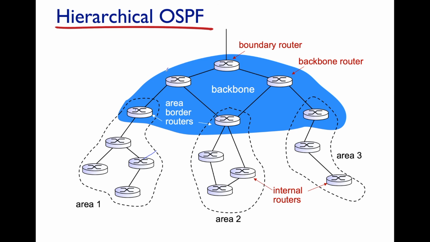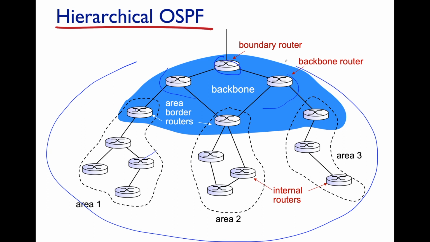And then we have a set of routers interconnected in the backbone, and then we have what's called a boundary router that gets traffic onto and off of that entire autonomous system. And so this entire thing is one autonomous system, and the autonomous system subdivides its routers into areas.